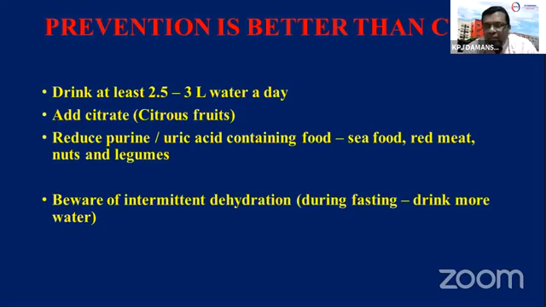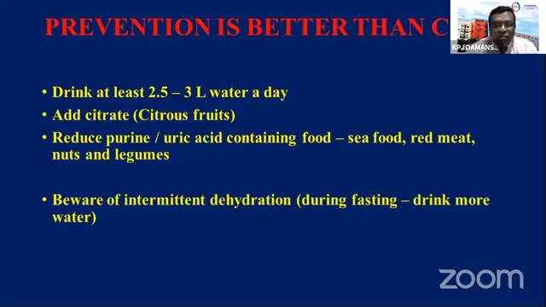Now, as I mentioned earlier, stones are formed because of supersaturation of the urine. So how do you prevent supersaturation? You make the urine more diluted. So drink a lot of water. You should drink at least 2.5 to 3 liters of water a day, as long as your medical condition permits it.